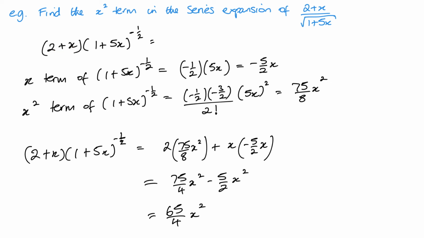Okay, if you wanted an x cubed term, it would be the same. Yeah, 2 times an x cubed and x times the x squared term. And that's what you need to think about. Sometimes we're also asked, I have did this question, but sometimes we're also asked about the range of values of x for which this expansion is valid.